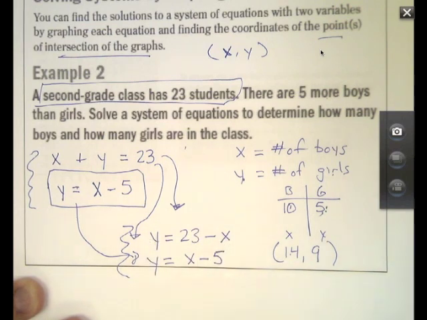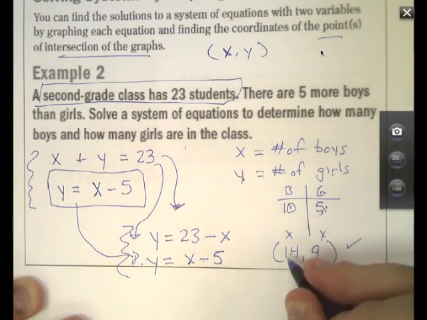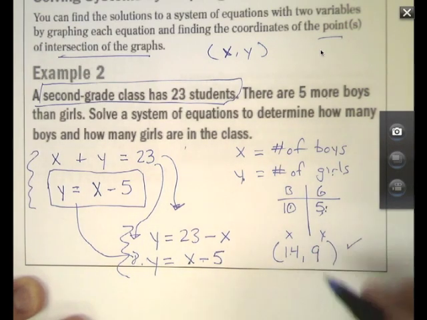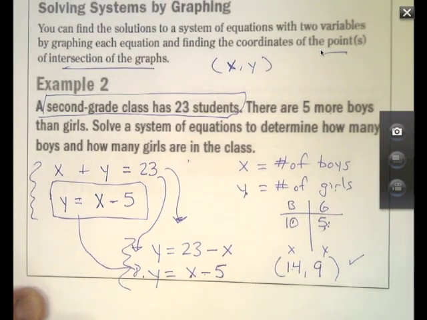Yes, it does. How about if I put 14 in here? Does 14 minus 5 equal 9? Yes, it does. So this checks out. There are 14 boys and 9 girls in that class.